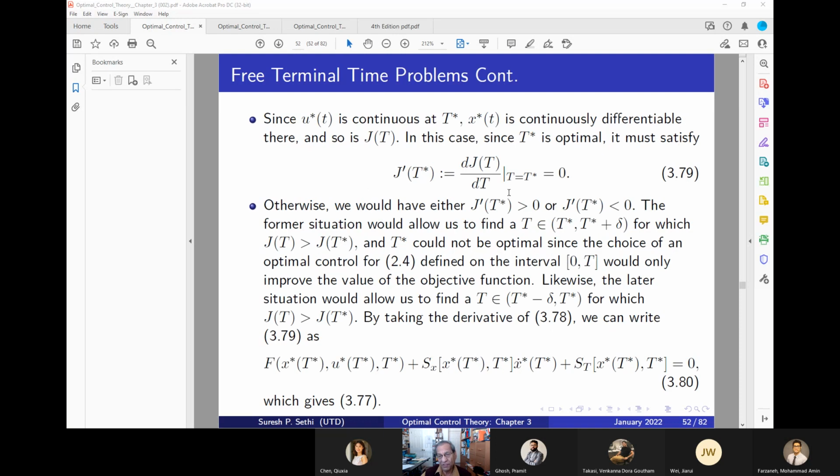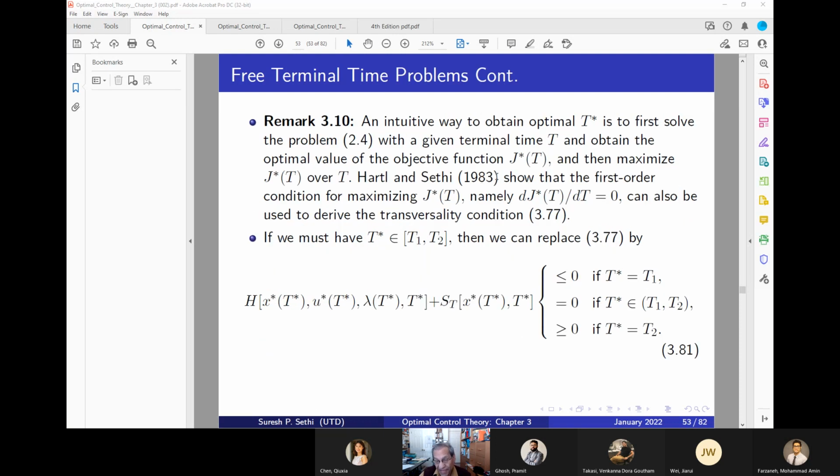Now, this is easy to explain, but taking that derivative is not easy, because we are not able to do it explicitly for a general problem. For any given problem exercise, you can explicitly solve the problem, find J star t as a function, take the derivative, set it to 0 and solve for t.